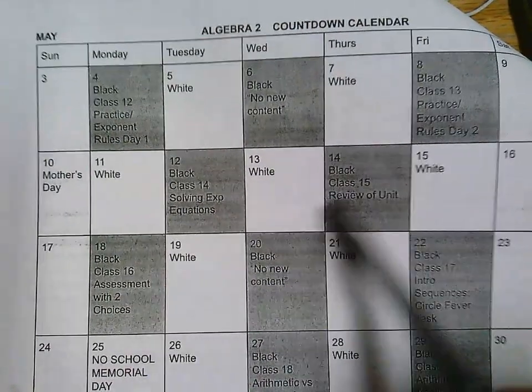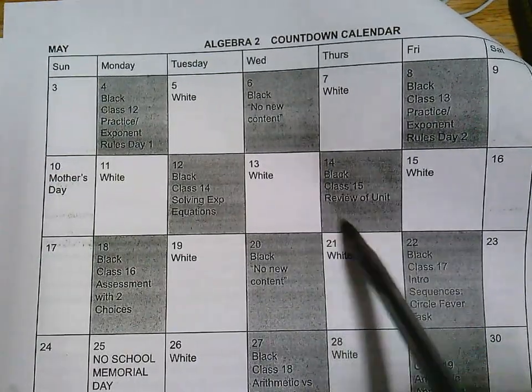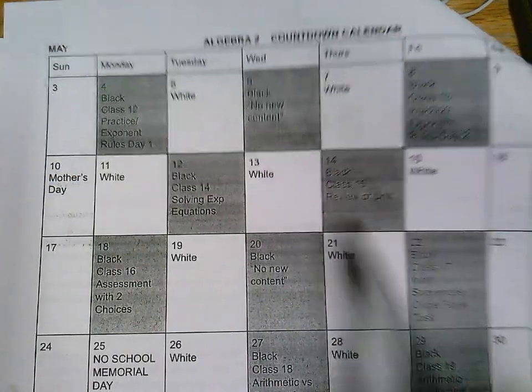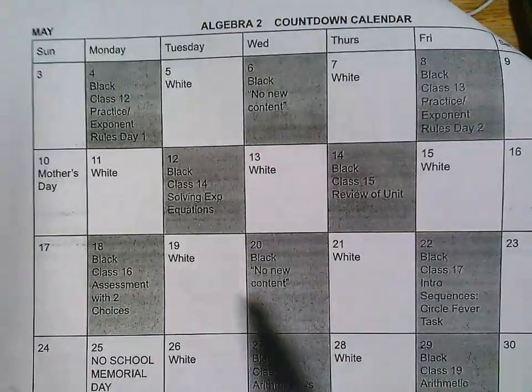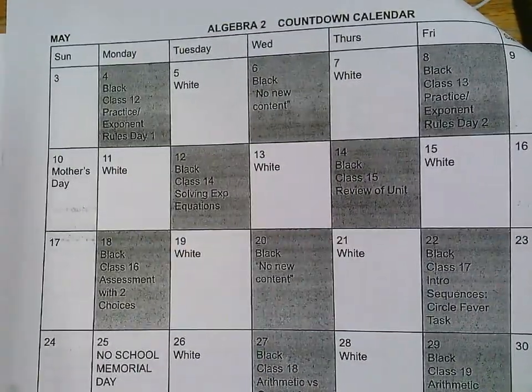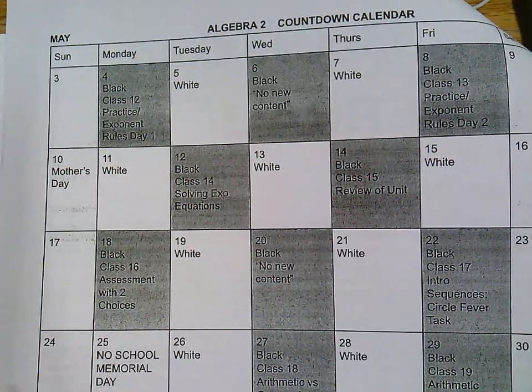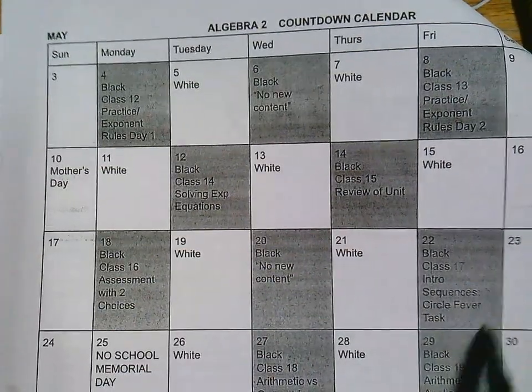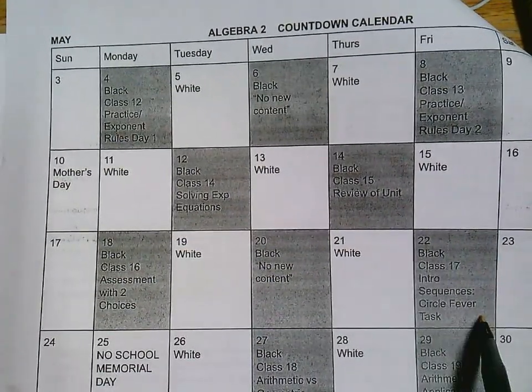So look for that. On Thursday, you're going to have to probably sign up for a video conference with me, which will last during this week. Or if I can come up with two different choices for your assessment, I will do that. But we're looking at an assessment next week and going into a new unit about sequences starting the 22nd.